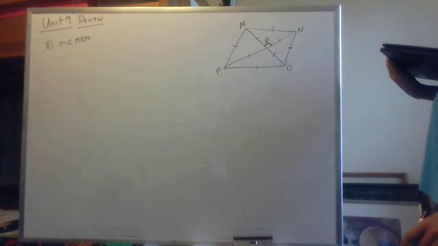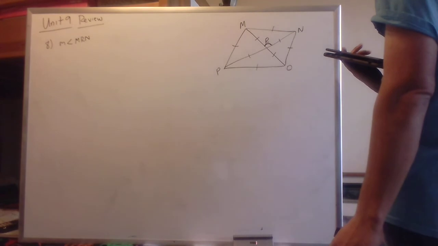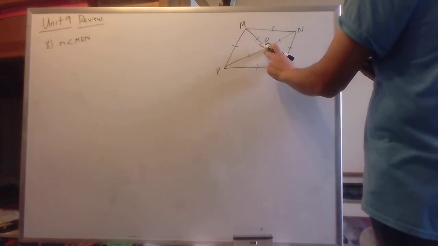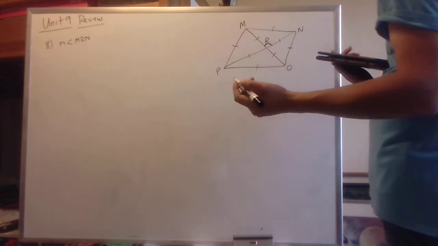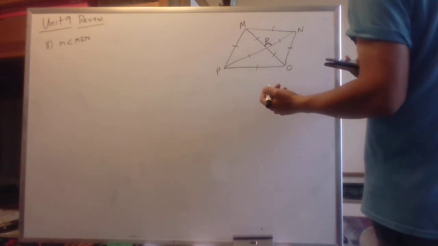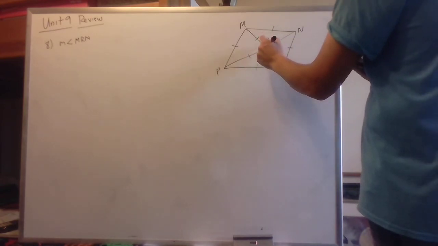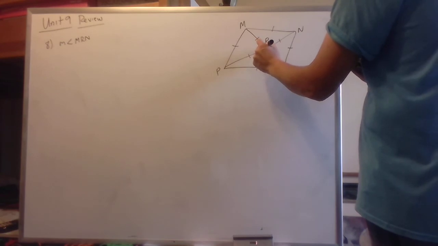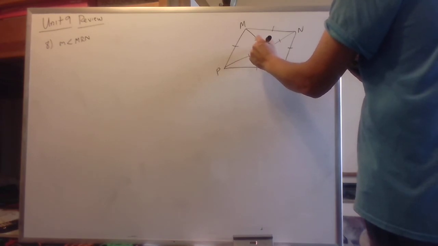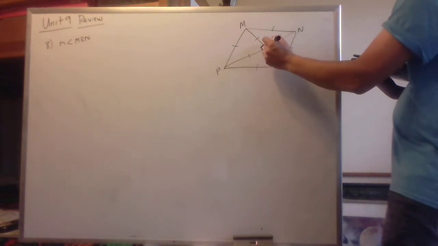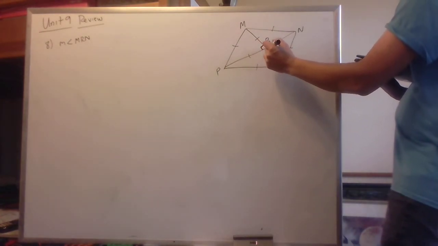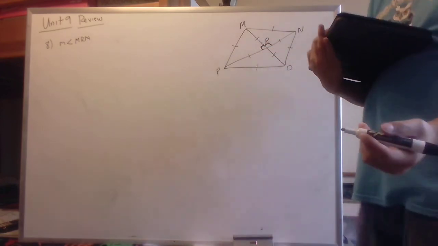So what we could do is we know that a circle completes 360 degrees. Essentially in a rhombus, every single angle right here is going to form a right angle, and I'll explain why. If we took the whole four angles right here, they're going to add up to 360.